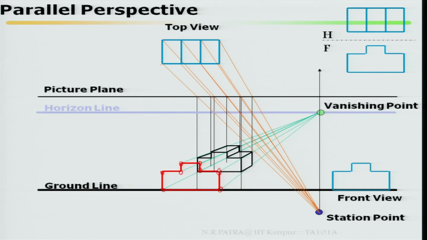So, look at how it has been shifted from here to here. In this case it is supposed to be a true length if it is touching. If it has not touched, it is not supposed to be a true length, not a true shape.